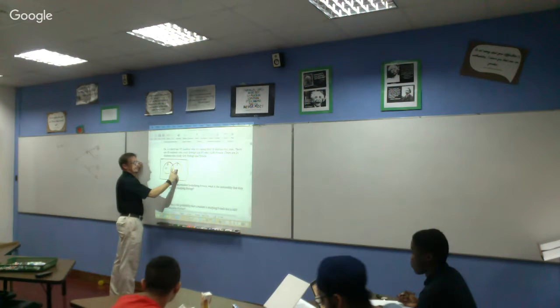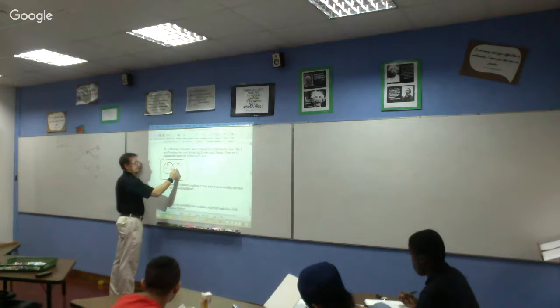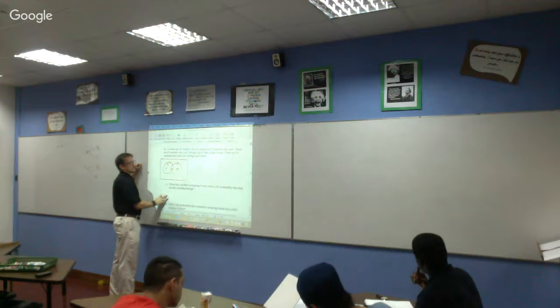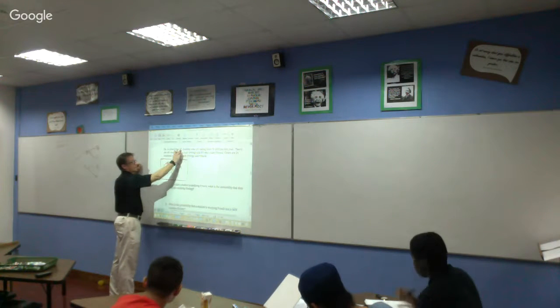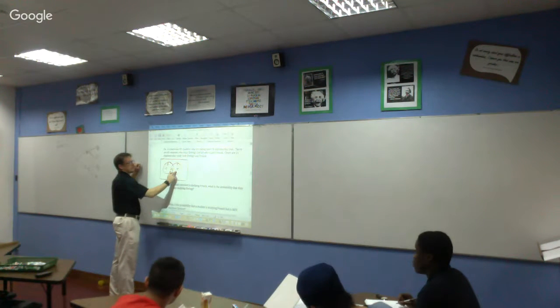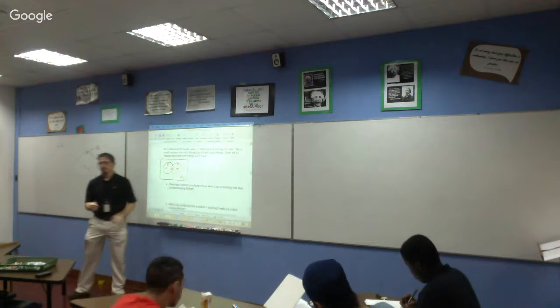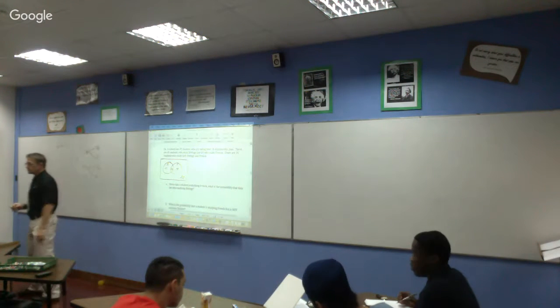So how many only study French? 15. How many people are we looking at? 95. 95 minus 15 is 70. 70 minus 45 is 25, and they go out there.